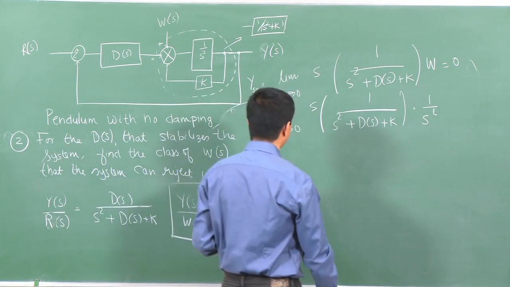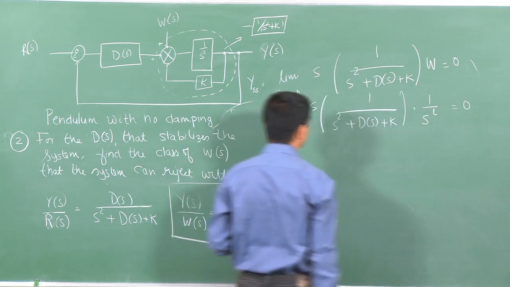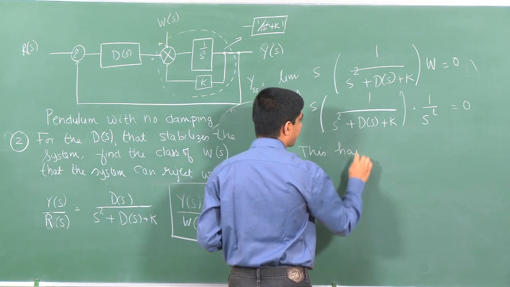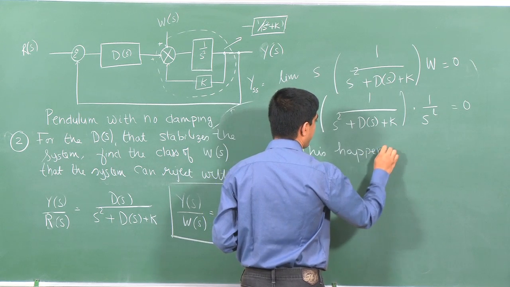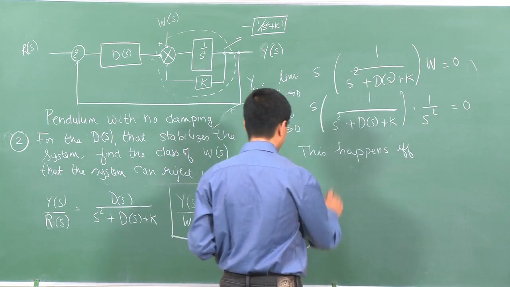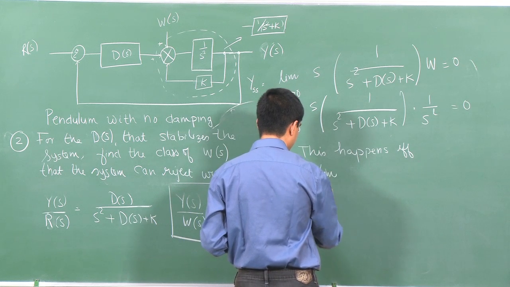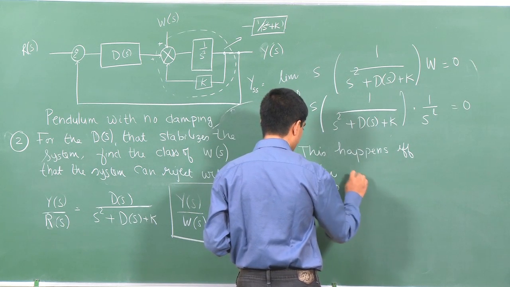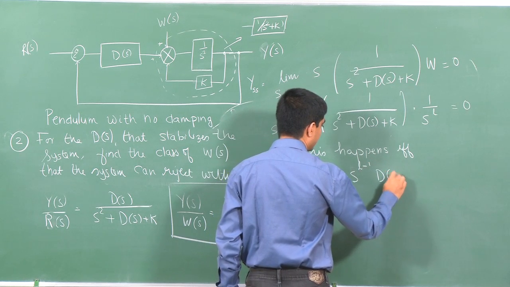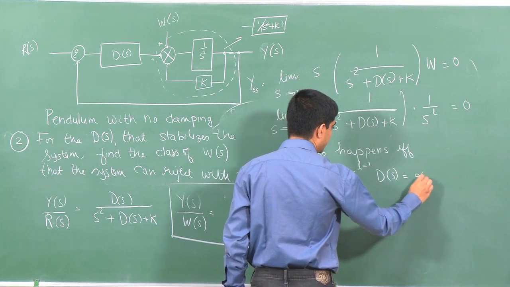I want this to be 0. Now when is this 0? This happens if and only if the limit as s goes to 0 of s^(l-1) D(s) is infinity.